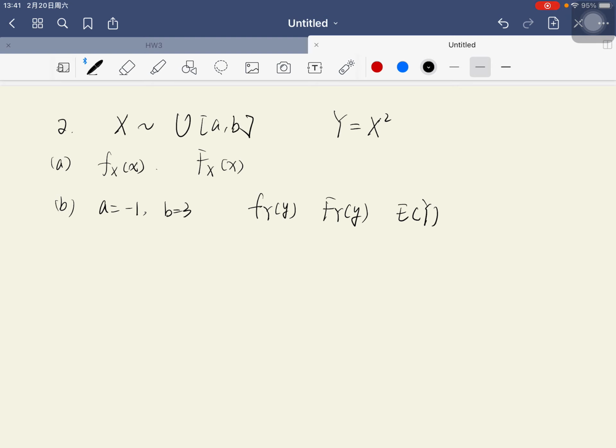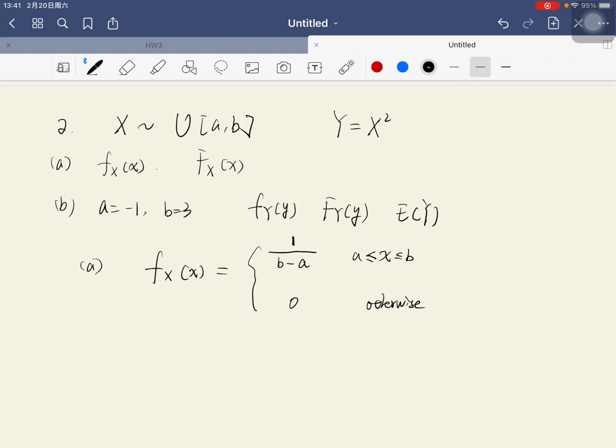because X is of the uniform distribution, we could compute the density function of X as 1 over b minus a, where X ranges from a to b. Otherwise the value is 0.